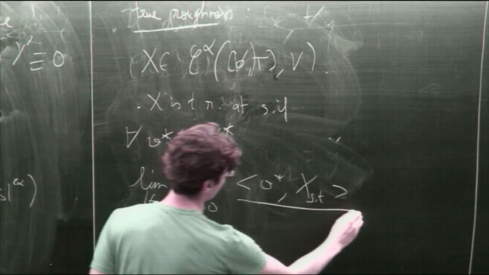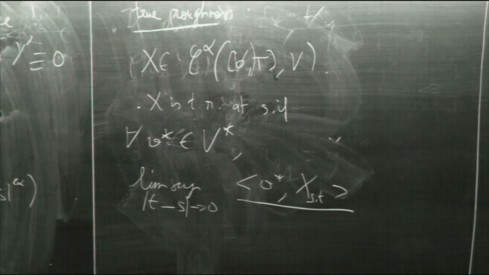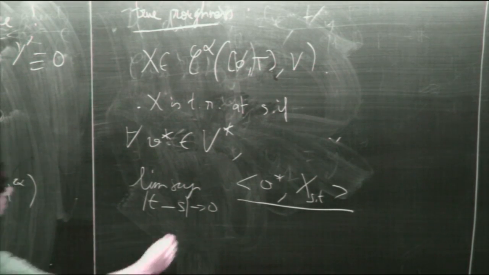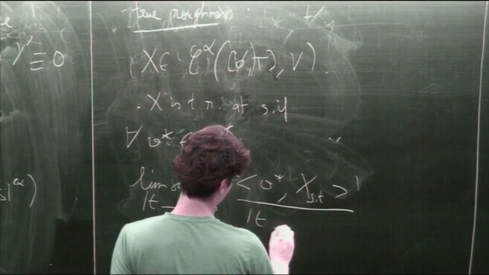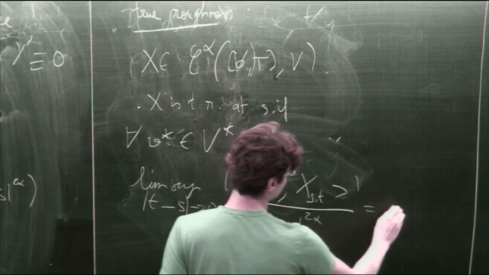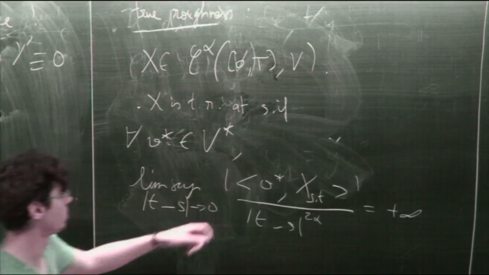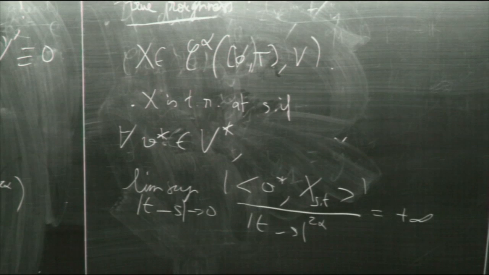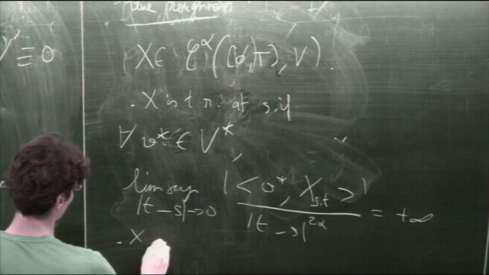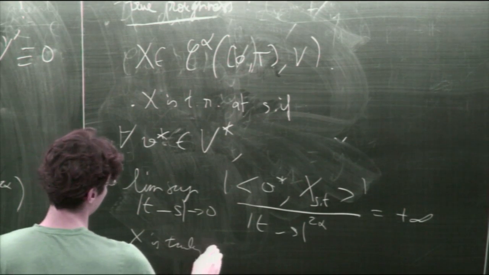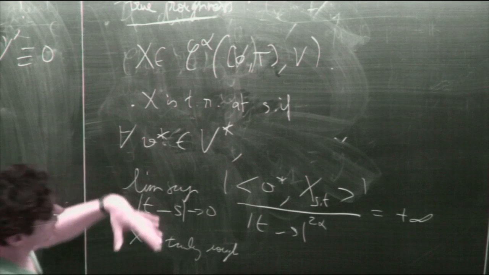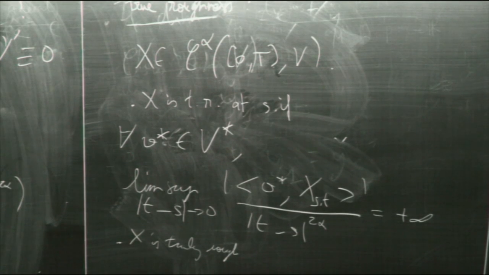And these things here should be of order strictly smaller than 2 alpha, so you just require that this thing is equal to plus infinity. Okay? And then you say that x is truly rough if this holds on a dense set of points.